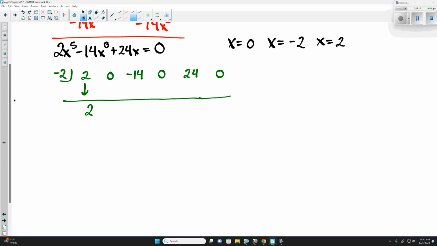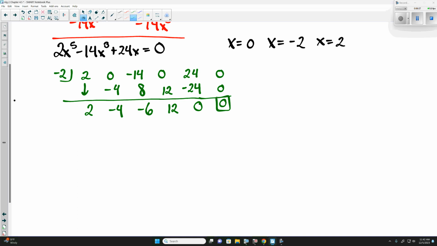So we'll do -2 times 2 is -4. 0 plus -4 is -4. -2 times -4 is 8. -14 plus 8 is -6. -2 times -6 is +12. 0 plus 12 is 12. -2 times 12 is -24. -24 plus 24 is 0. -2 times 0 is 0, and 0 plus 0 is 0.